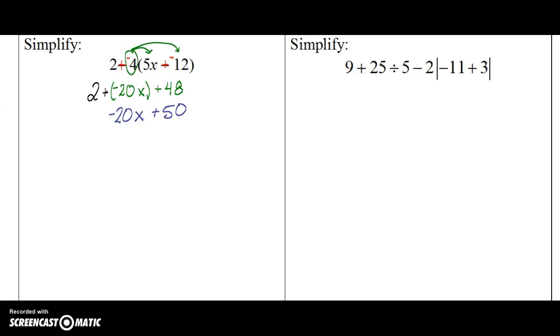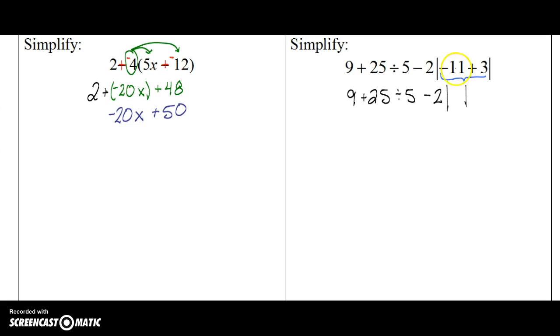Looking at the next problem, we are going to use the order of operations. My first step is to look for grouping symbols. Absolute value bars are grouping symbols. So, I will perform the operation inside of my grouping symbol first.